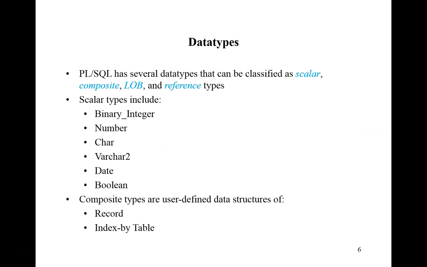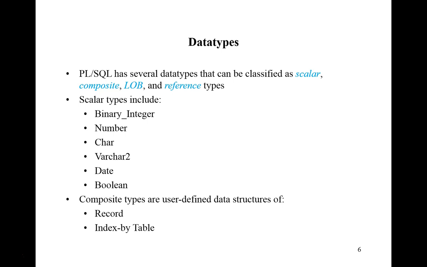Composite types are effectively data structures. We can define something called a record, which might be similar to a row within a table, a structure that contains one value for several different items. We could also have what's called an index by table or an associative array. It's effectively an array structure, and we could use this within PL/SQL once we define what it consists of.